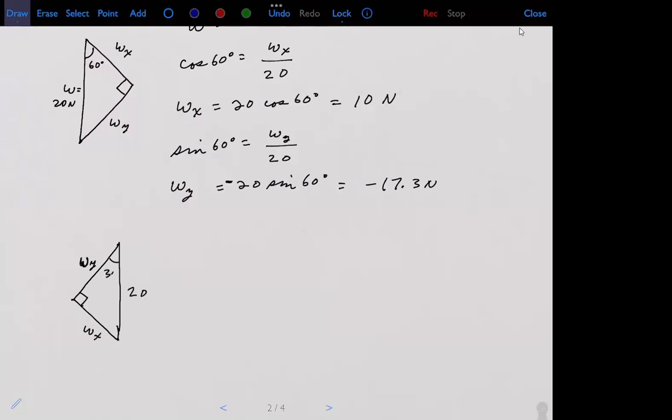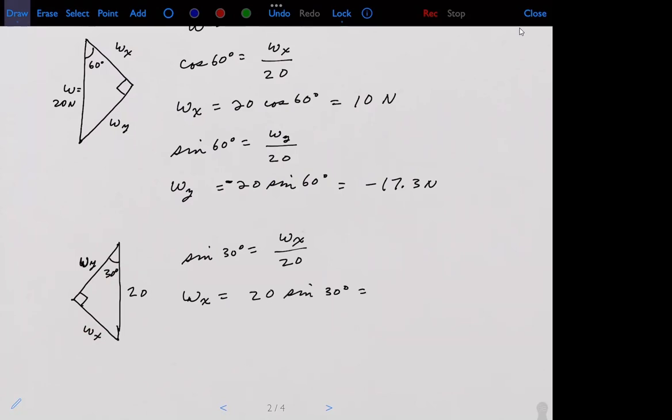Now this is 30 degrees. But if you do it this way, see how the x component is now opposite that angle. So now you need to use sine to figure out WX, because sine of 30 would be opposite over hypotenuse. So WX would be 20 times sine of 30 degrees.